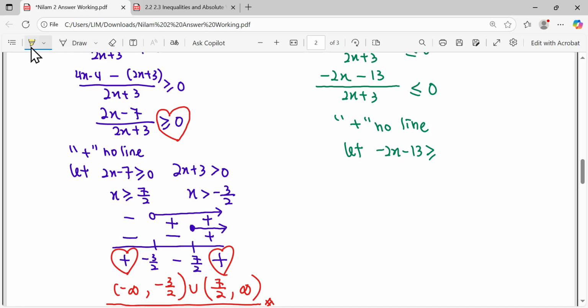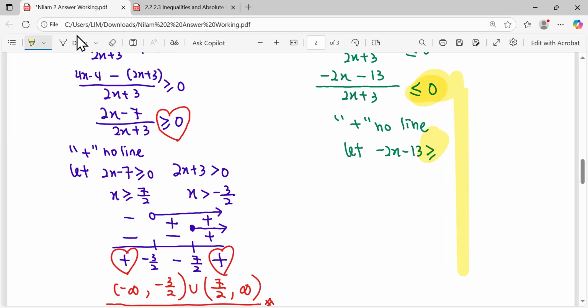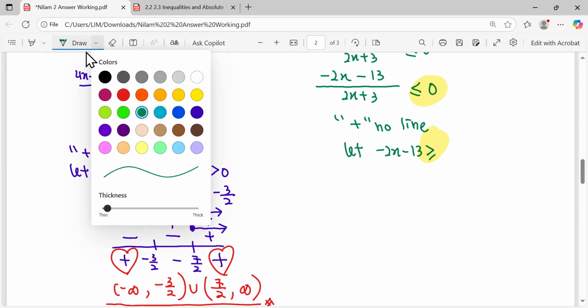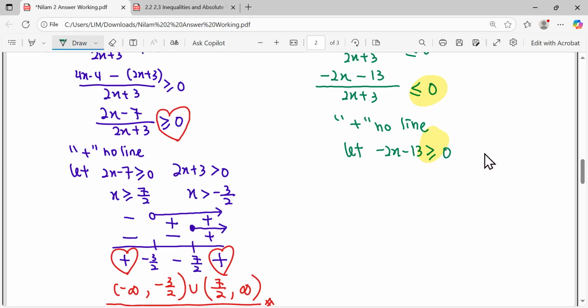Bear in mind, we are not copying the inequality sign from the fraction above. We start by letting it be positive. If you want it to be positive, it has to be greater than 0. So we let it be positive, and denominator 2x plus 3 also positive but not equal to 0. When the denominator equals 0, it will be undefined.